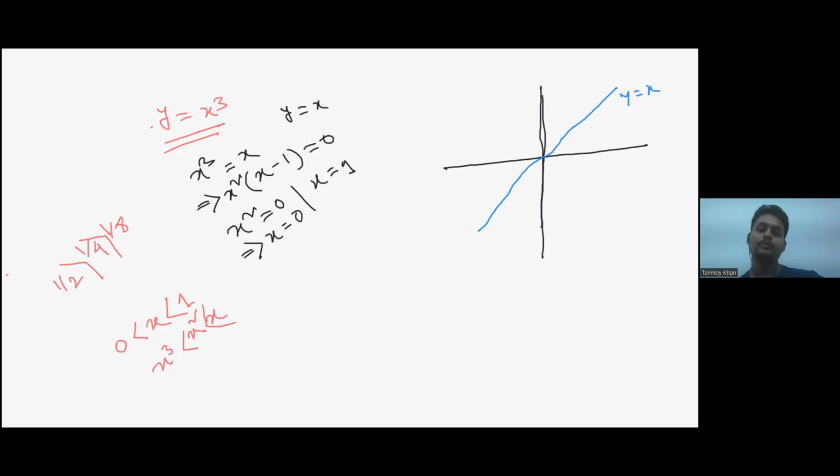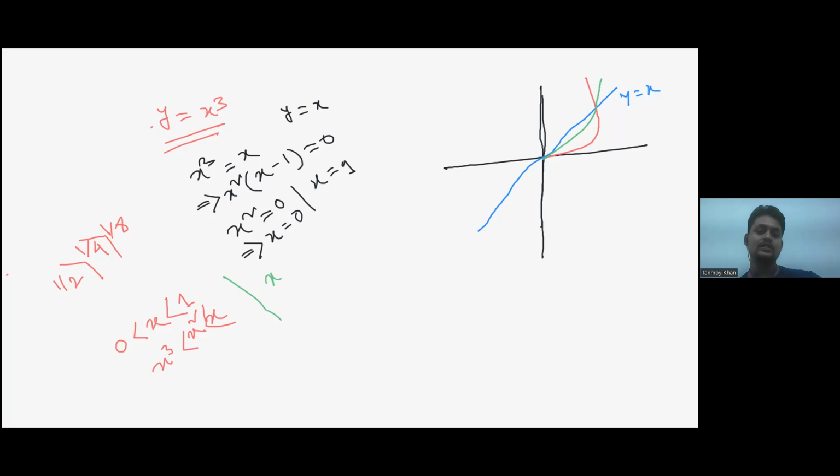So if you plot x cube, this will be like this, right? And if you think about how x square will be in between, in that region, I will draw that part.